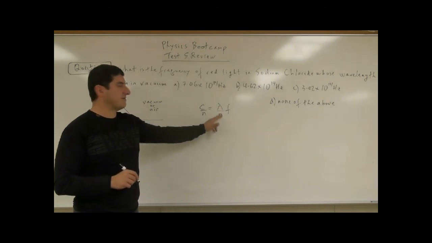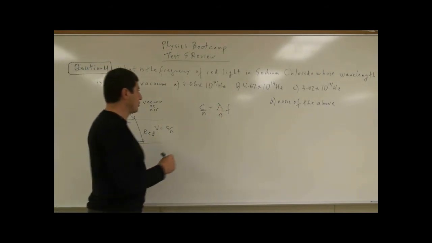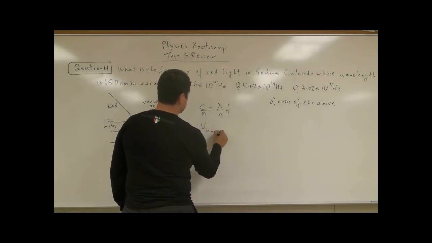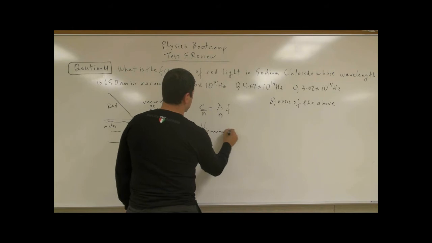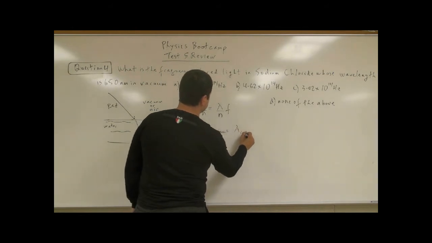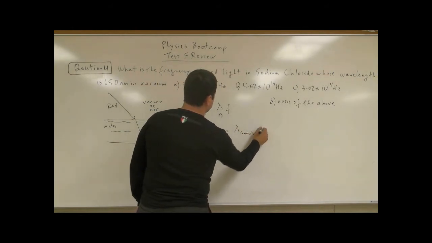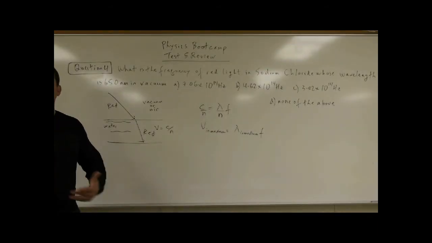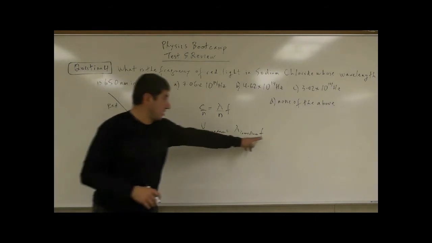So we divide the wavelength by the index of refraction. So we have V in the medium is equal to lambda in medium times the frequency of the light beam in vacuum. That one doesn't change, right?